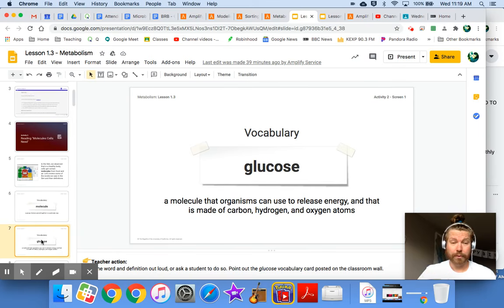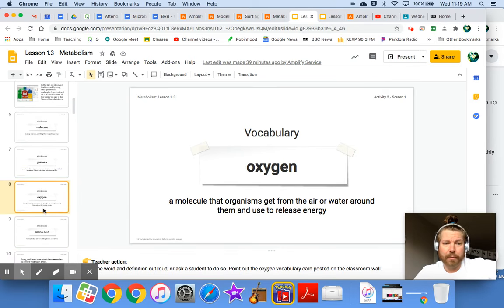Here's another one, glucose. Glucose is a type of molecule. It's a molecule that organisms use to release energy that is made of carbon, hydrogen, and oxygen atoms. Glucose is your body's favorite way to get energy. We also have oxygen, a molecule that organisms get from the air or water around them and use to release energy. You've probably heard of oxygen before. You know that your body needs oxygen, okay?